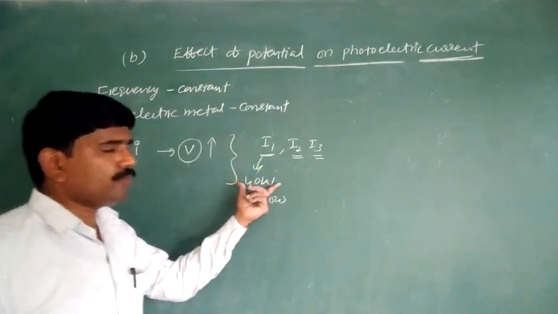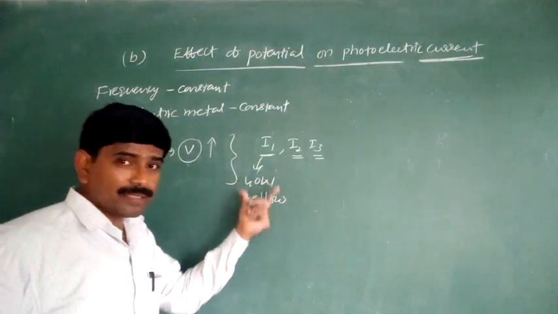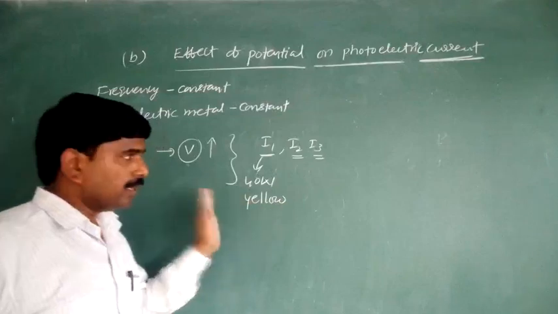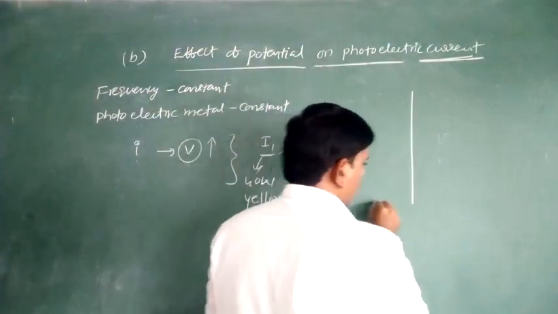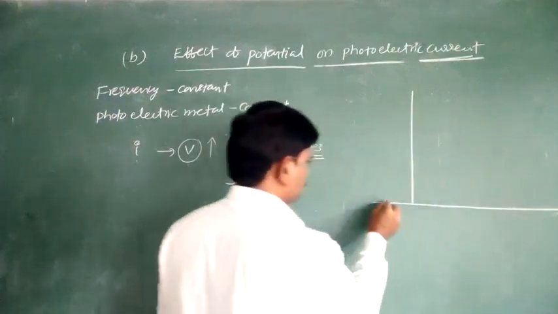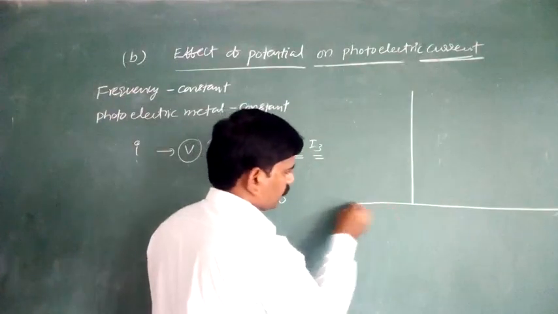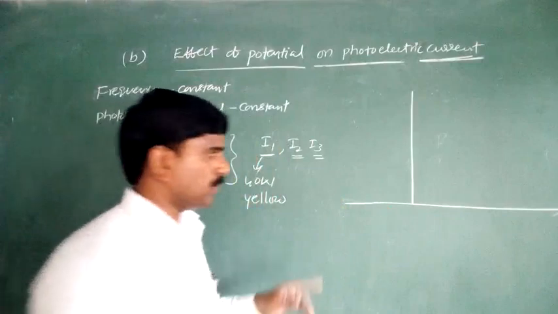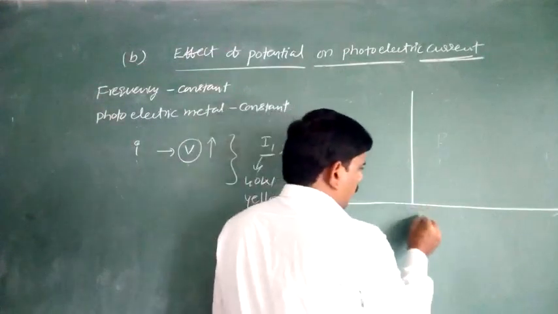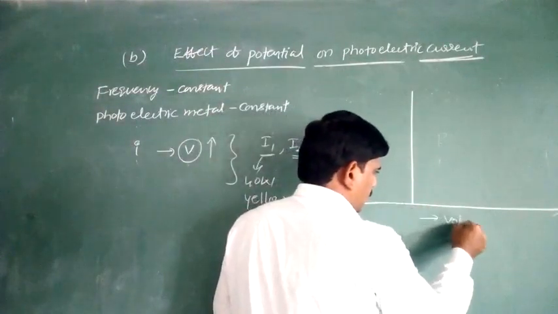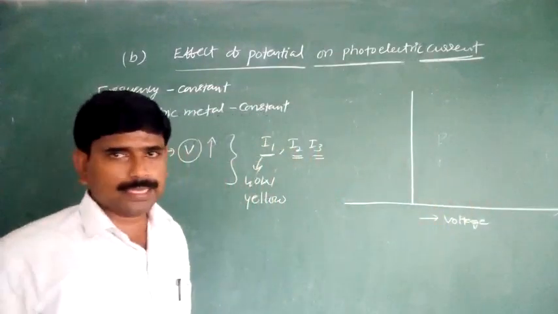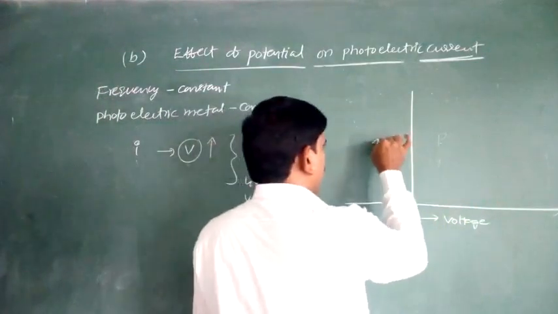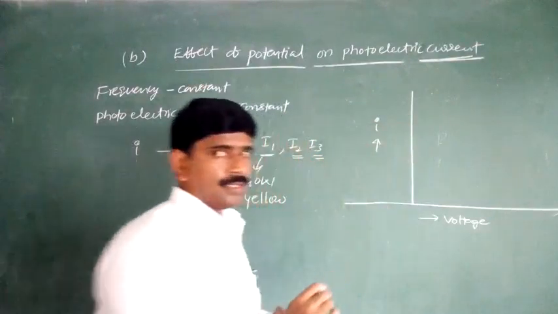When we use the 40 watts yellow color radiation, for different voltages, observe this one. Voltage is the independent physical quantity, taken on the x-axis, and photoelectric current is taken on the y-axis.